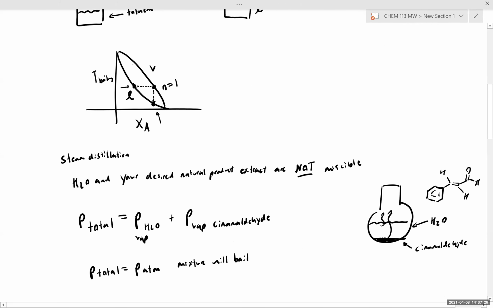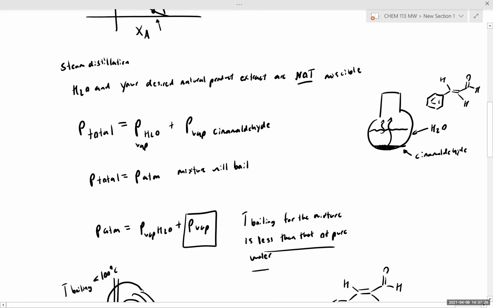Now, in steam distillation, this is what's pretty cool about it. Water and your desired natural product extract are not miscible. So the vapor pressure exerted by this heterogeneous mixture will be based on the individual vapor pressures of water and your other extract components, such as cinnamaldehyde, that are immiscible with water. Now, we know that when this total vapor pressure matches the atmospheric pressure, the mixture will boil.